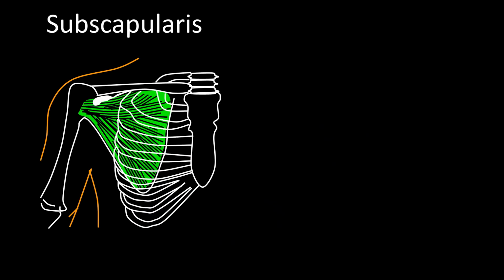These nerves, the upper and the lower subscapular nerve, combine to innervate the subscapularis muscle. This muscle, despite being innervated by two nerves, only receives fibers from C5 and C6 spinal cord segments.